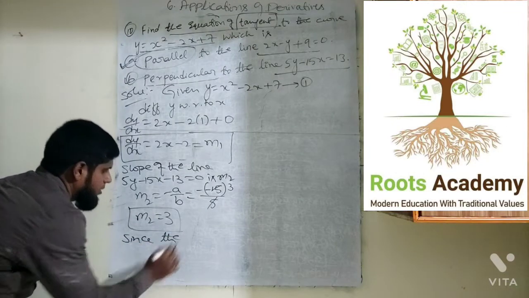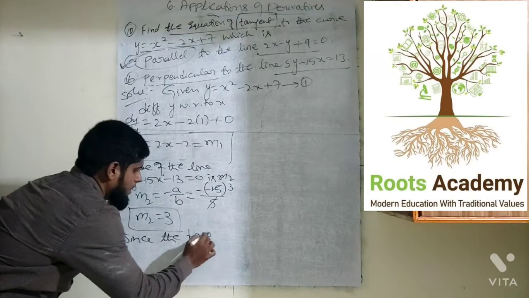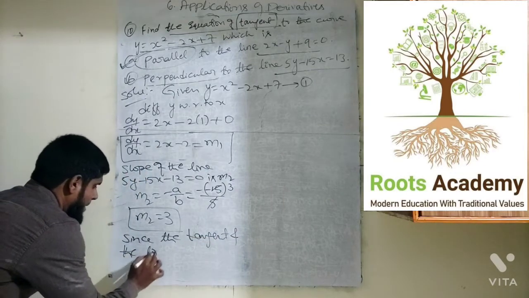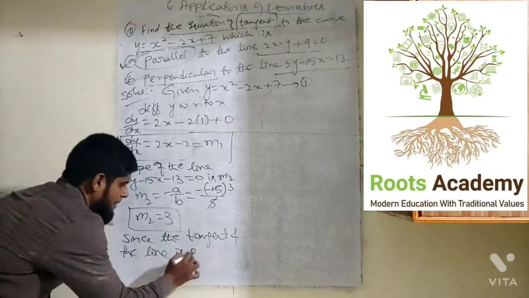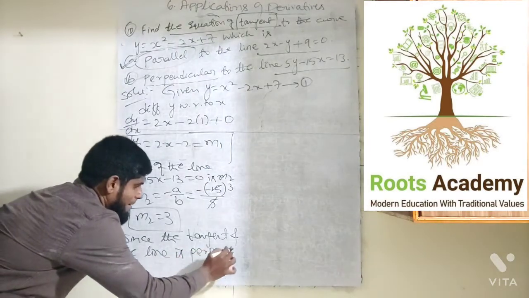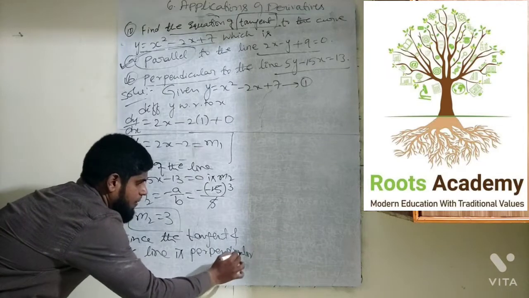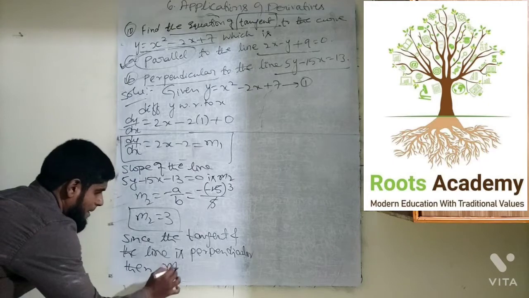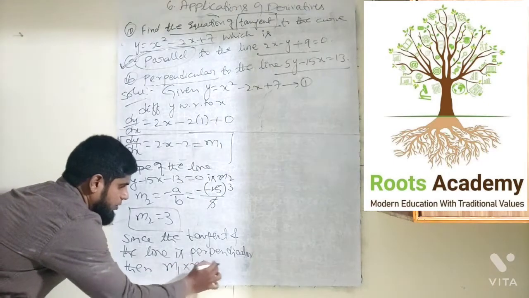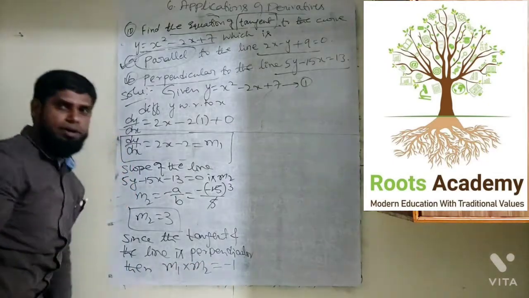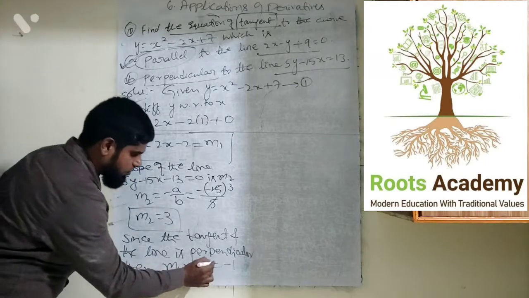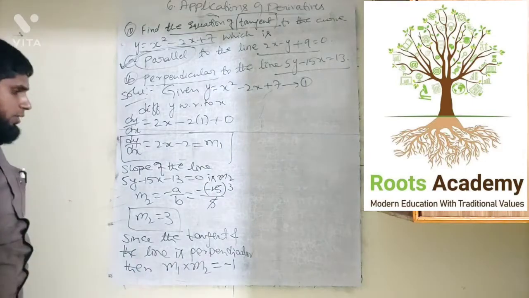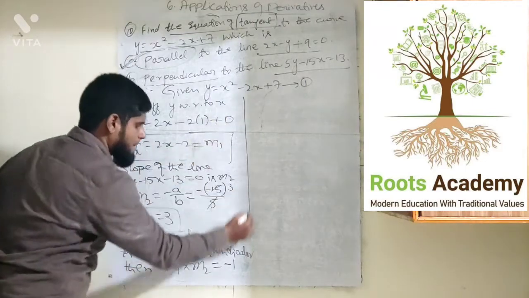Actually, that is the condition to find the points. Since the tangent and the line are perpendicular, m1 into m2 is equal to minus 1. So we'll solve here.